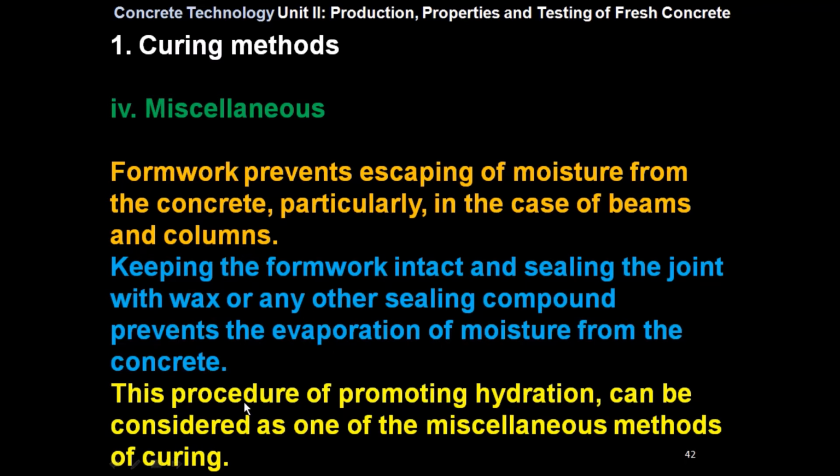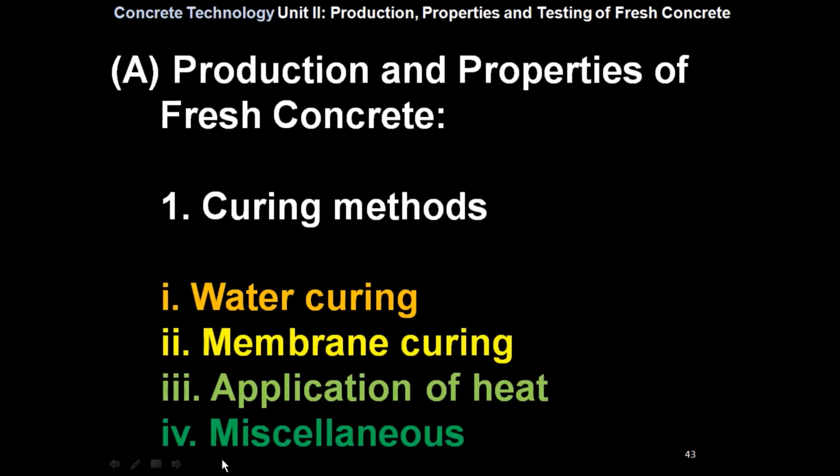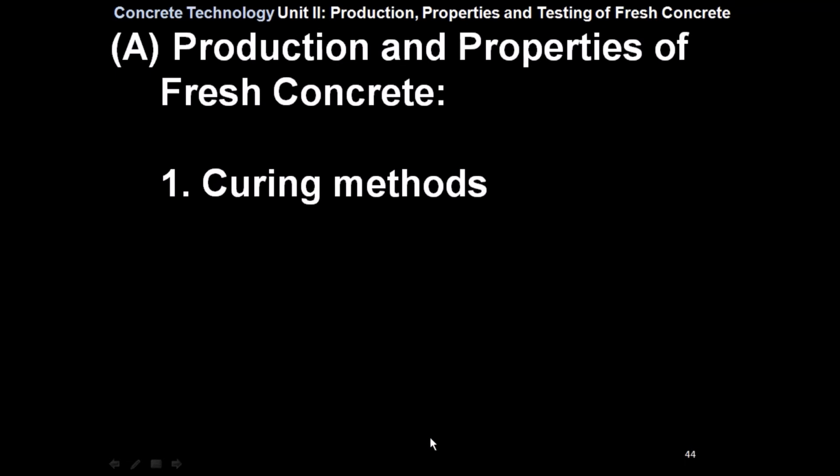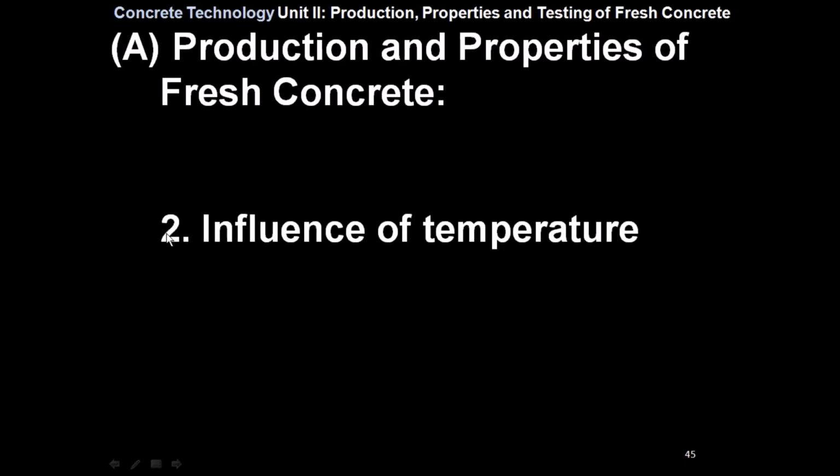This procedure of promoting hydration can be considered as one of the miscellaneous methods of curing. So we have seen the curing methods, in that water curing, second membrane curing, third application of heat, and fourth miscellaneous curing methods. Now we will see the influence of temperature.